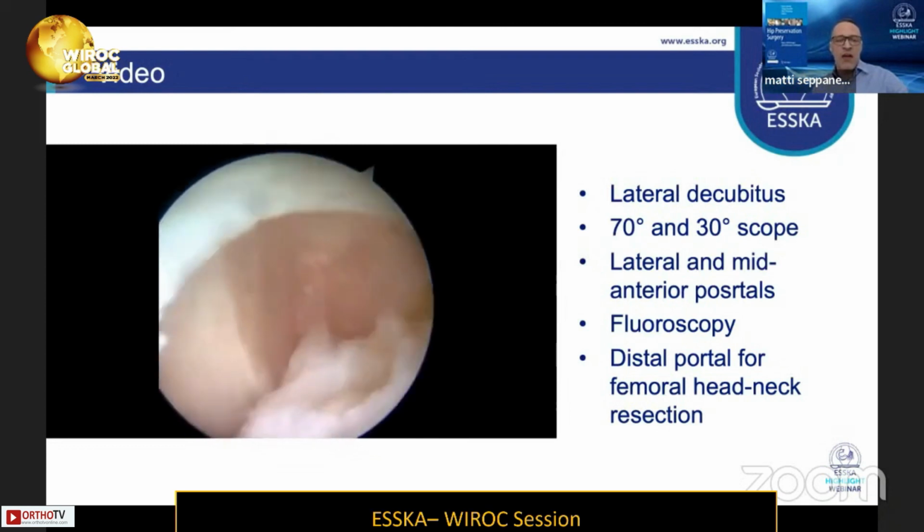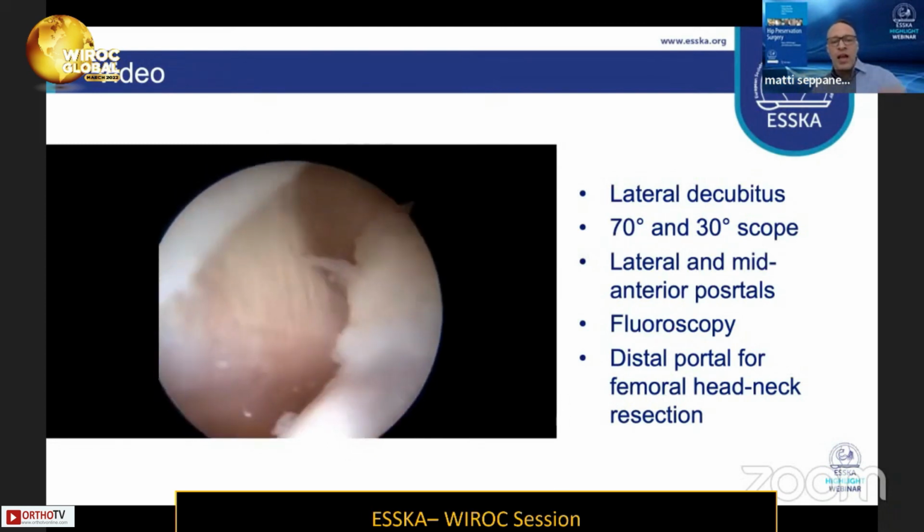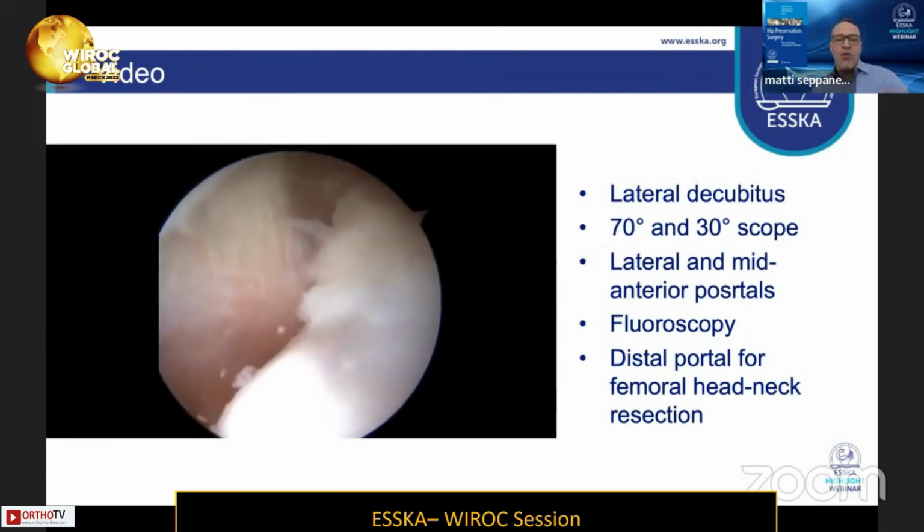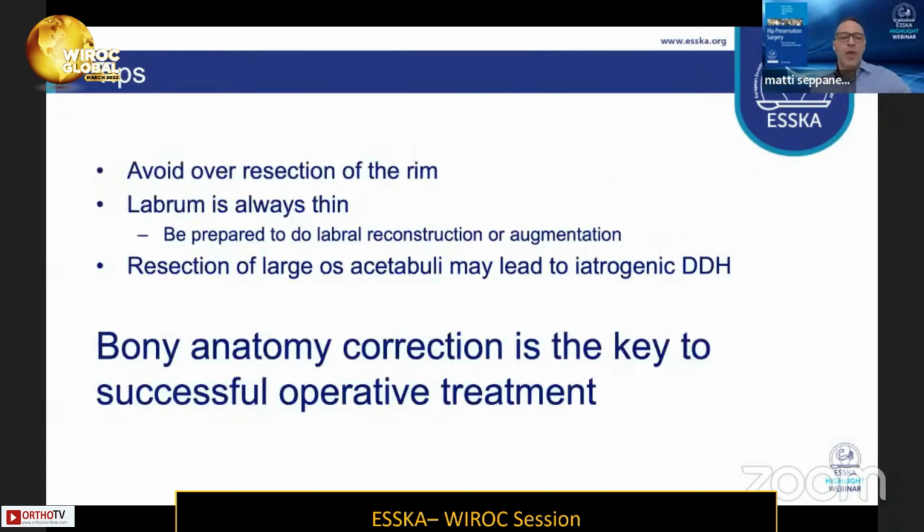And you can see how the flexion goes and labrum moves freely over the femoral head. I usually use 70 degrees scope and try to be careful not to do too much capsulotomy. If you use large capsulotomies, I do recommend that you also suture the capsule afterwards.